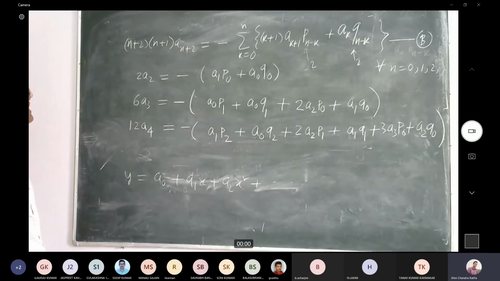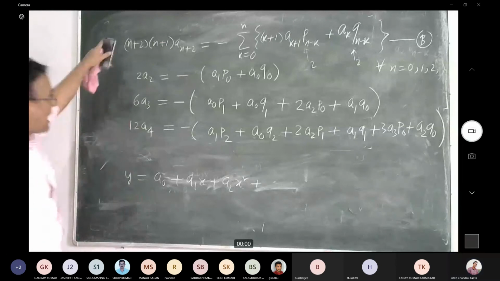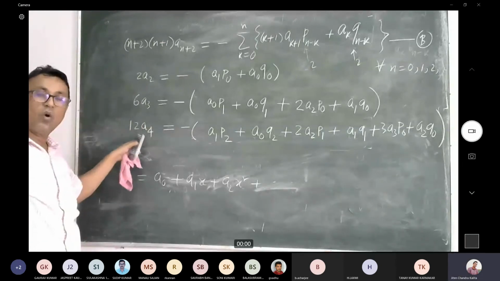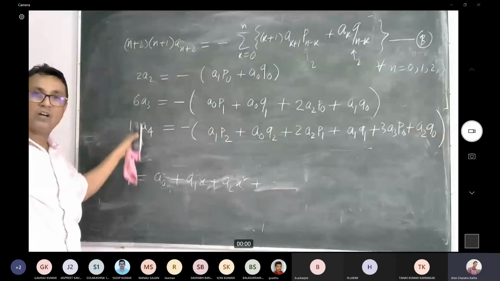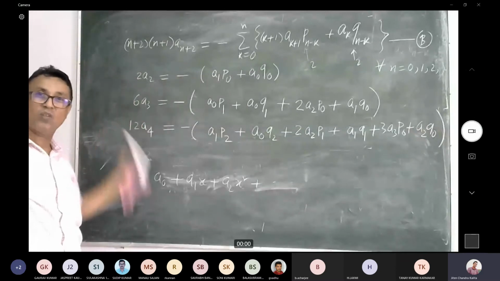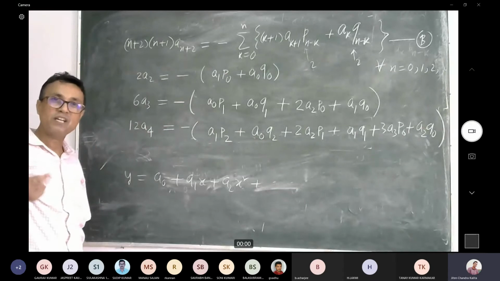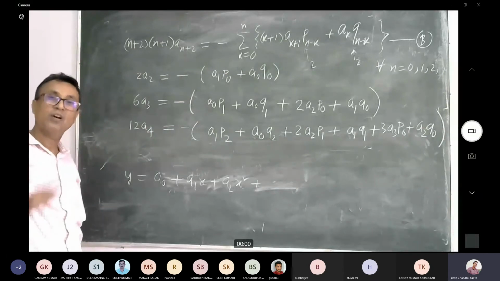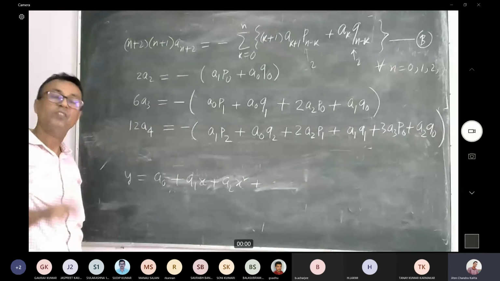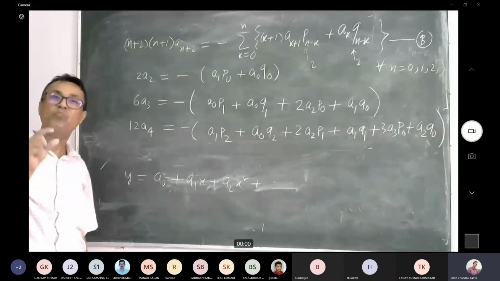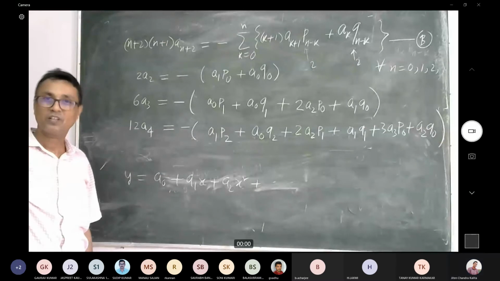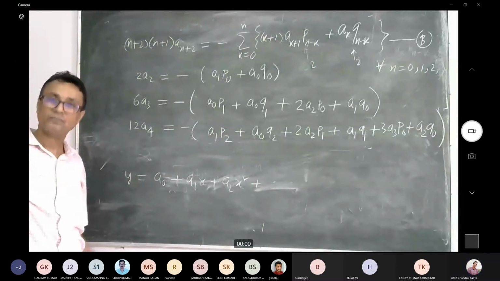And in the second one again A3 in terms of A2, A0 and A1. So that means I will have all these equations given by this recurrence formula at my hand, from which I would be able to calculate all the coefficients in terms of some known coefficients, at most A0 and A1. Okay, fine. Is it okay with everybody?